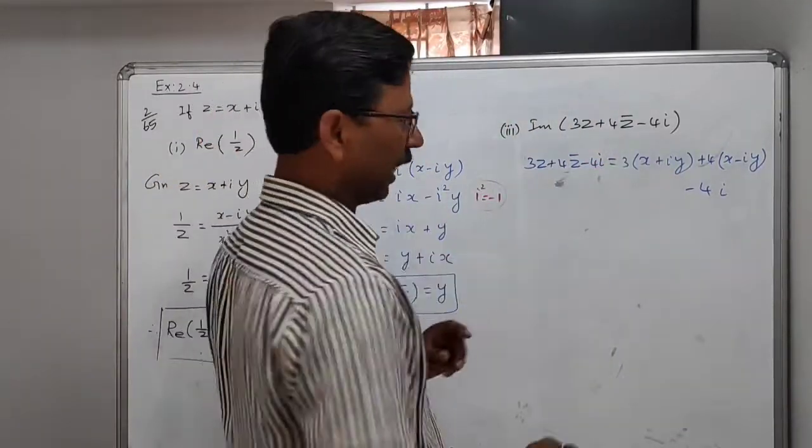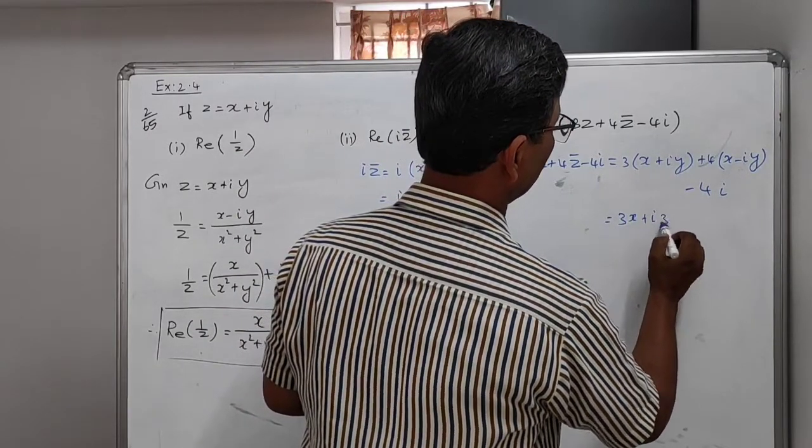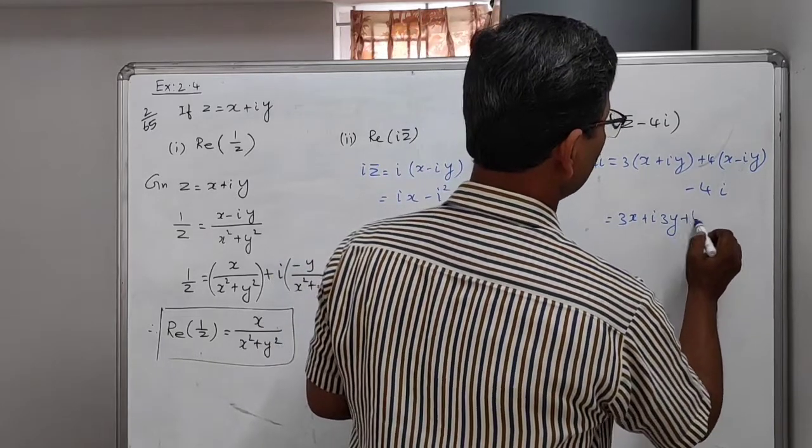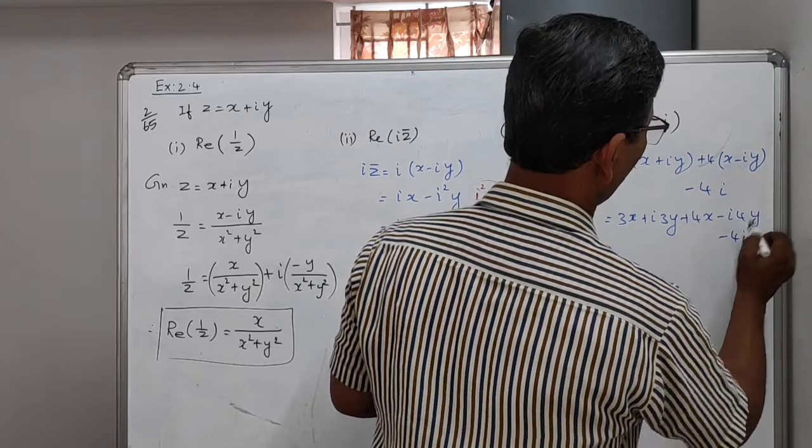Now try to remove the bracket, which is equal to 3x plus i into 3y plus 4x minus i into 4y minus 4i.